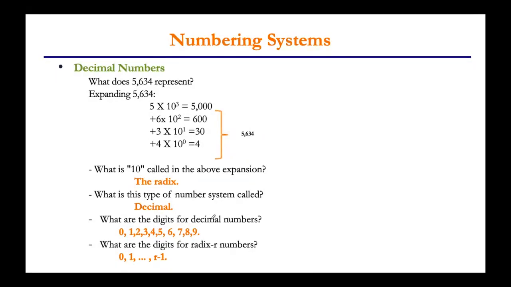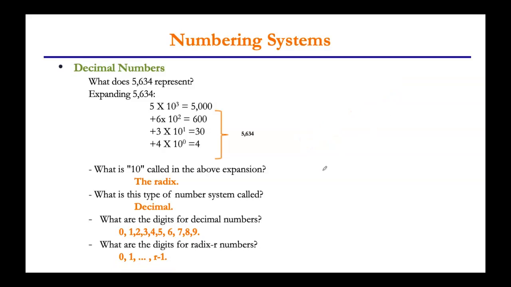What are the digits for a radix R number? The digits can be written as 0, 1, 2, and so on up to R minus 1. If R is 10, that means up to 9.